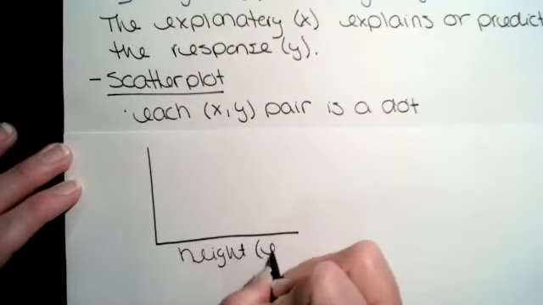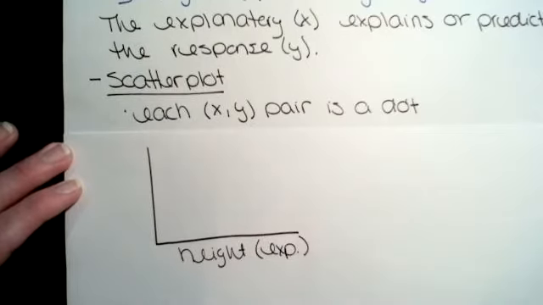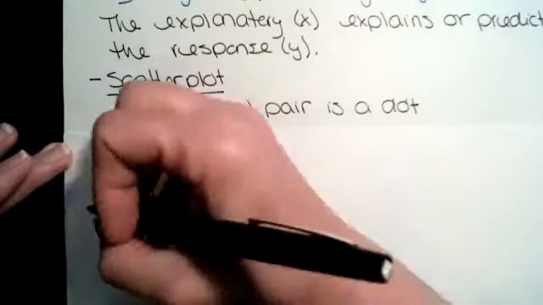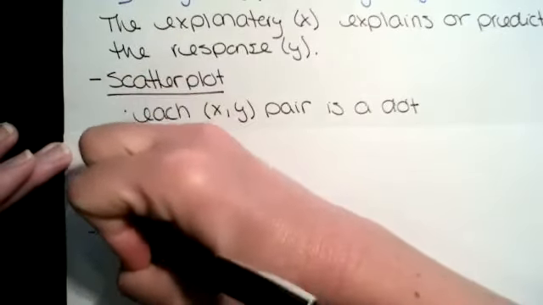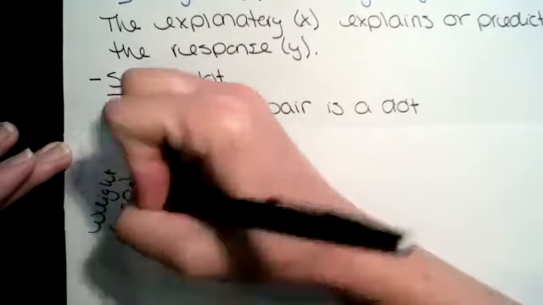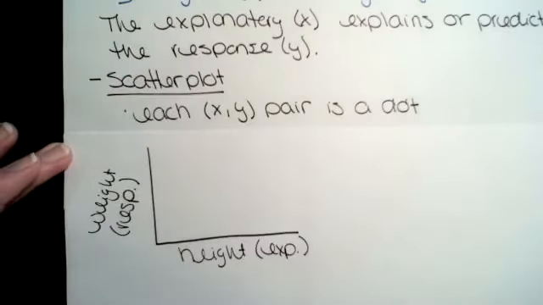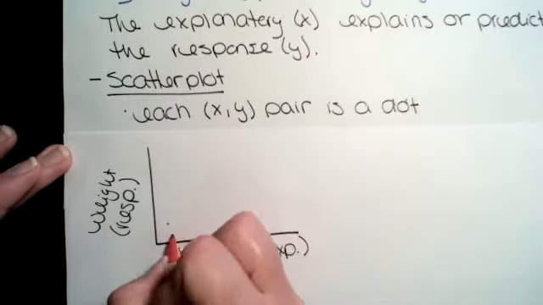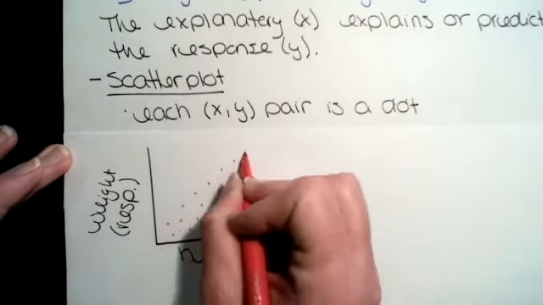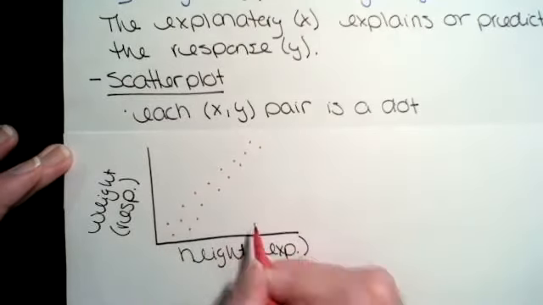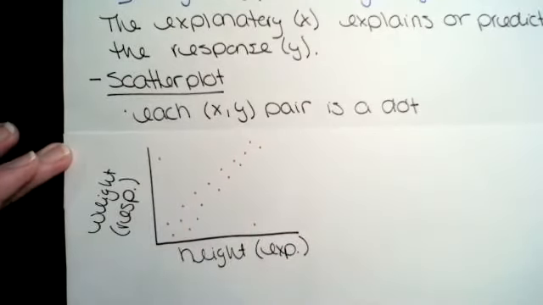That's my explanatory variable or my predictor. It predicts the weight, which is the response variable over here. And what we're looking at, it's just dots. And here, and we might have one over here, and one over here. Okay.